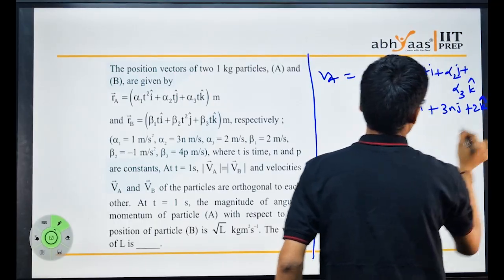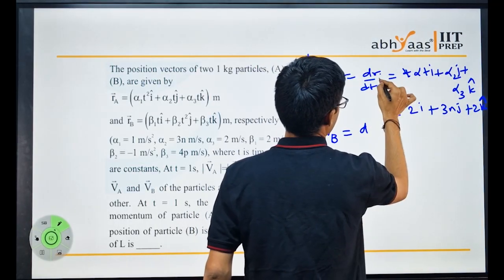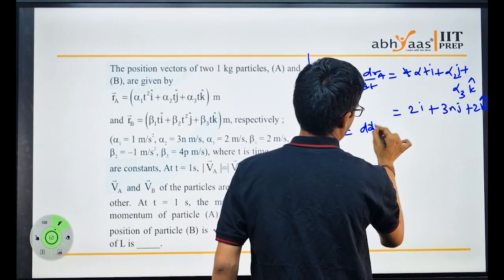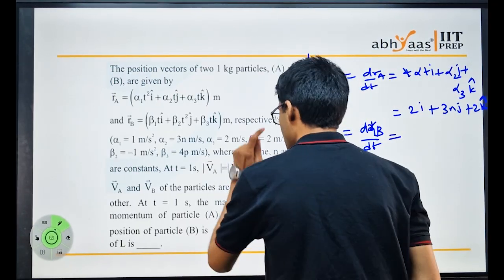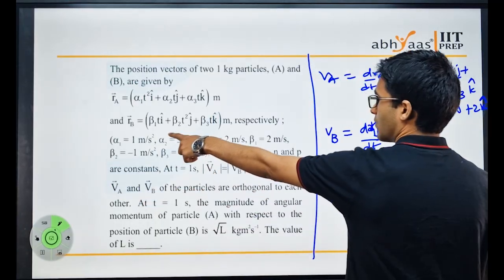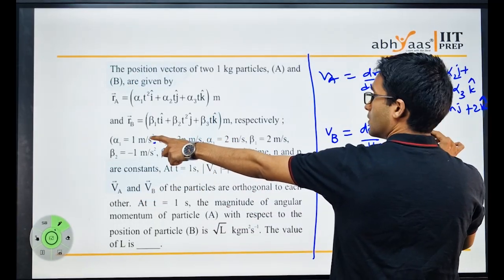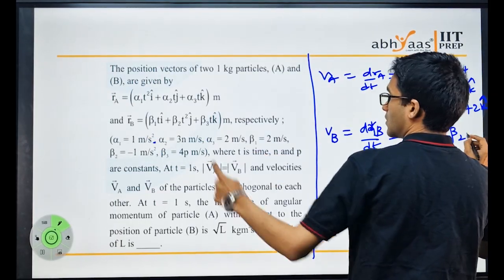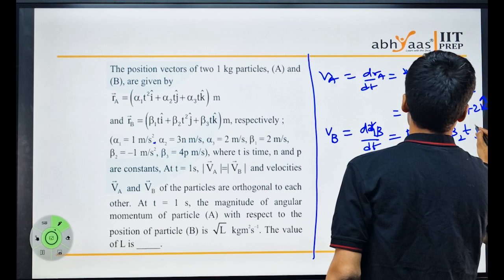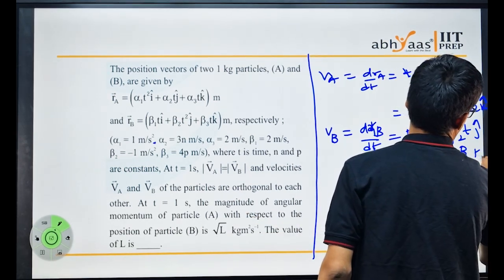Okay, simple. Next VB is equal to drB by dt. So here also we just differentiate this one: beta 1 i cap plus 2 beta 2 t j cap plus beta 3 k cap.